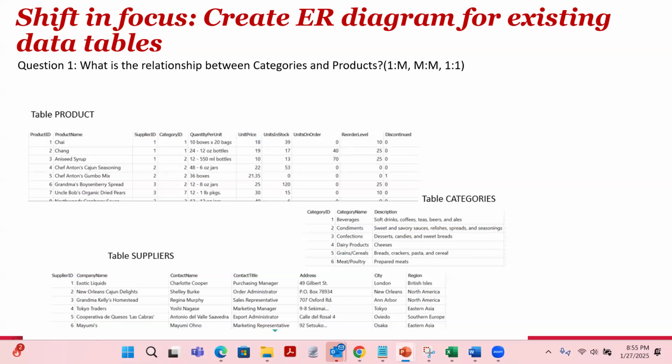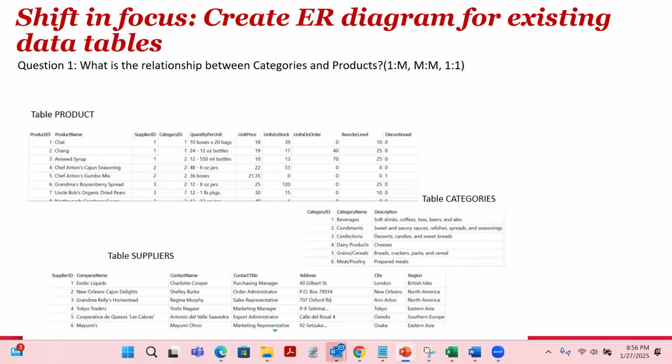can one product belong to multiple categories? No, right? So a product belongs to only one category. One category can have multiple products, right? Because here, as an example, category ID 1 has chai and chang, and category ID 2 also has multiple products. So one category can have multiple products, right?